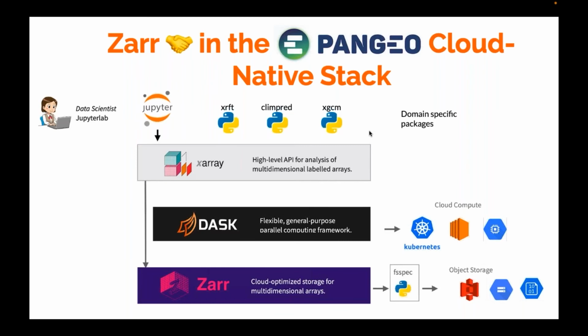For geospatial data, most end users interact with Zarr through Xarray, as I showed in my tutorial. That allows domain-specific packages on top to focus on one specific application rather than having to reinvent I/O and the core data model. And of course, using JupyterLab is a very common way to interact with those tools in the cloud. Next slide.